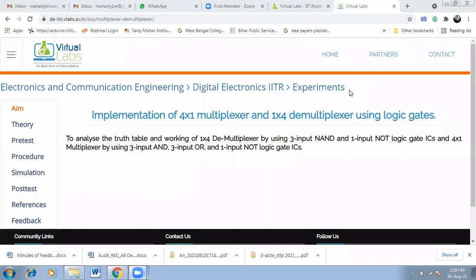Similarly, a demultiplexer does simply the reverse of the multiplexer circuit. It converts serial to parallel. Here you have a single input and multiple outputs.